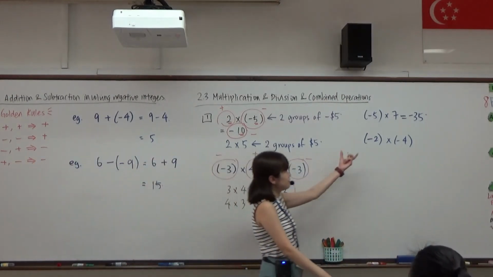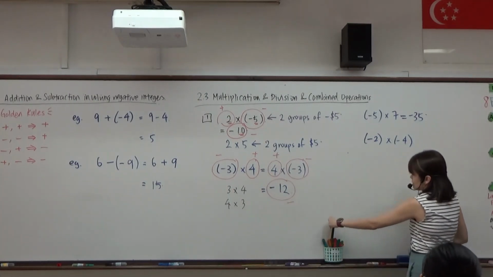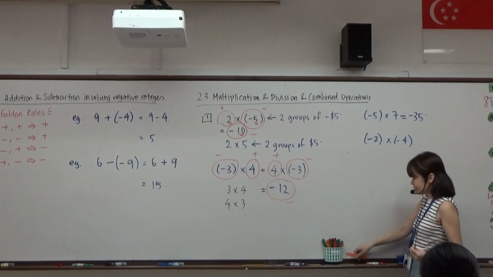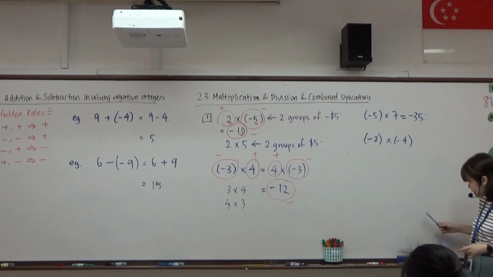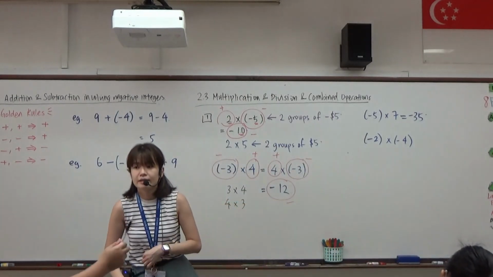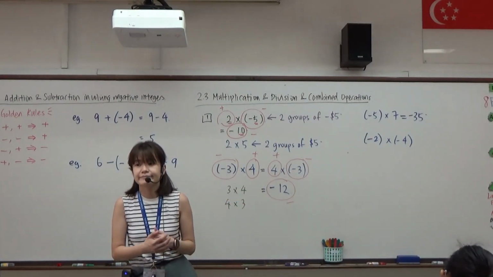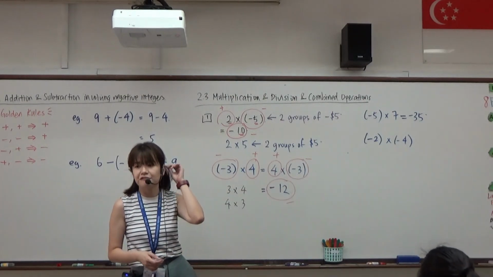Now we have negative numbers. What do you think the answer will be? Matthias, can you tell me what your answer will be? What is negative 2 times negative 4?